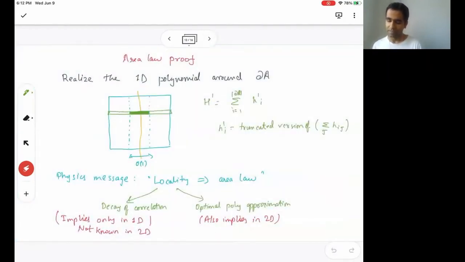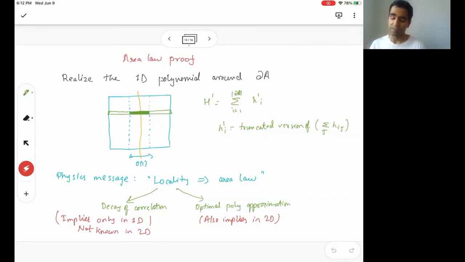technical contribution, which is basically to observe that to prove an area law in 2D, I have to construct essentially a polynomial approximation around the cut. That's what we do. It requires some more explanation, and I guess it's pretty hard to do it right here. But essentially, the trick, which goes back to this idea of truncation, is to view the Hamiltonian along the cut as an effective 1D Hamiltonian.